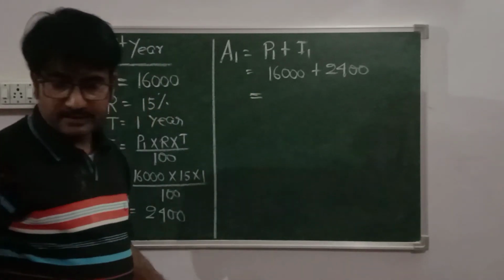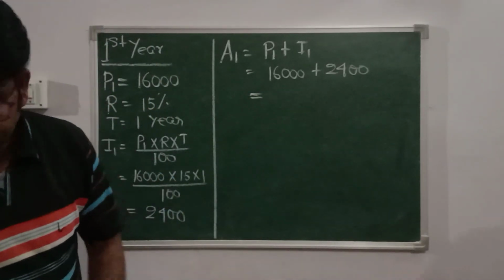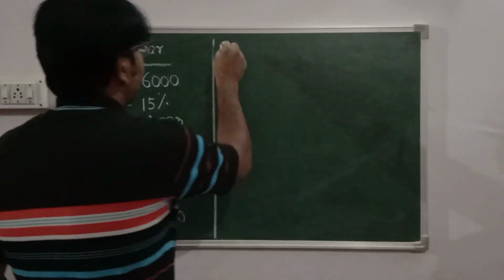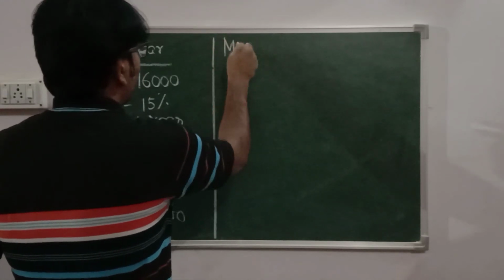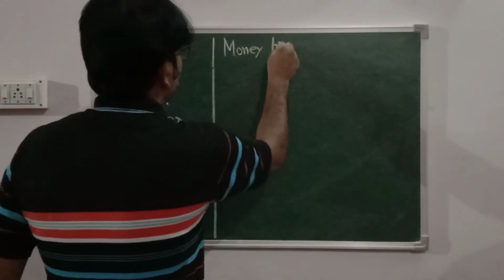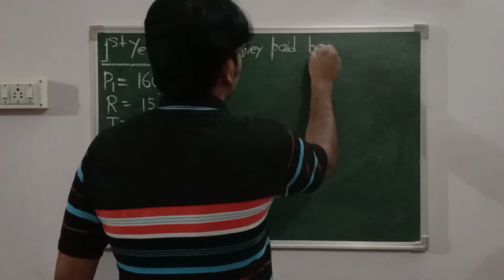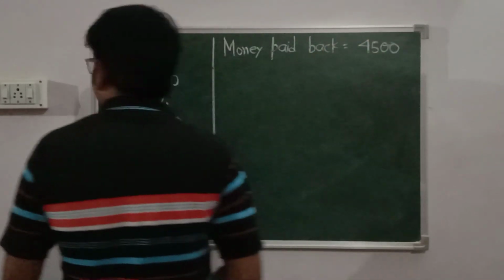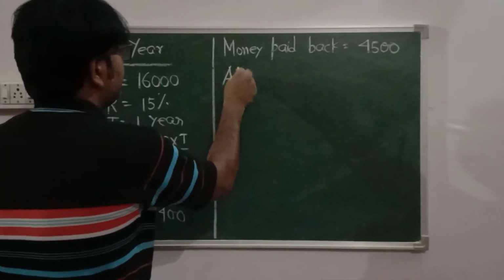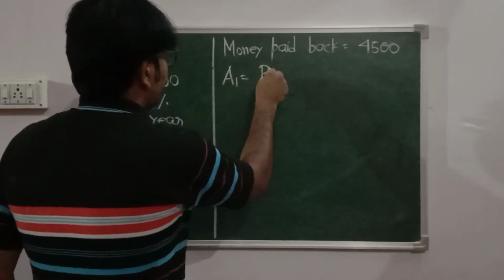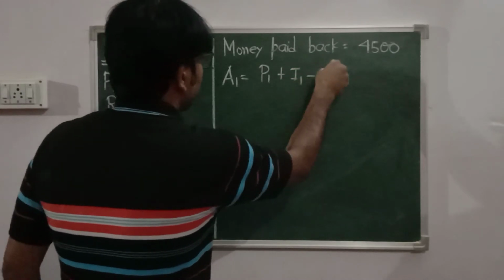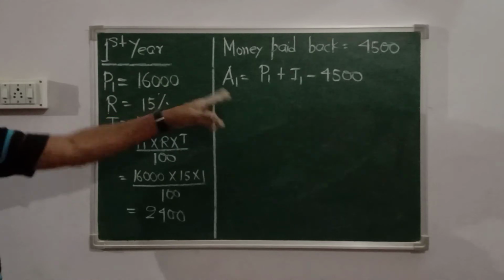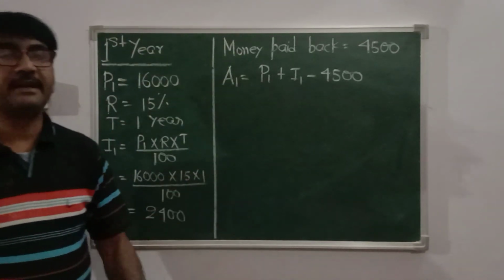Before that, one thing we can do. What is the money paid back? Money paid back equals 4,500. So our amount will be P1 plus I1 minus 4,500. The principal plus interest, and he is repaying 4,500.